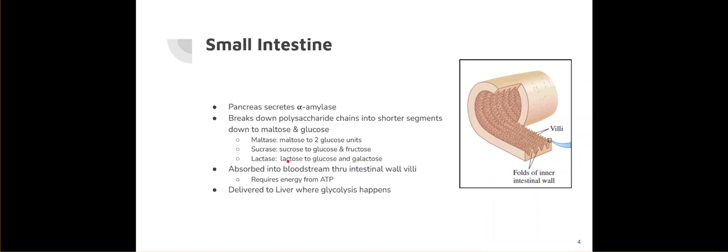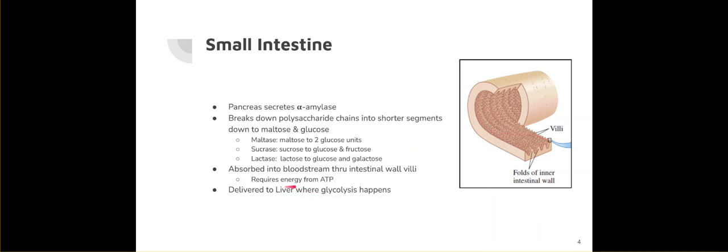These then get absorbed into the bloodstream through the intestinal wall, and it's on these little ridge things on your intestinal wall that are called villi. And this is so they pass through into your bloodstream through that intestinal wall, through those villi.